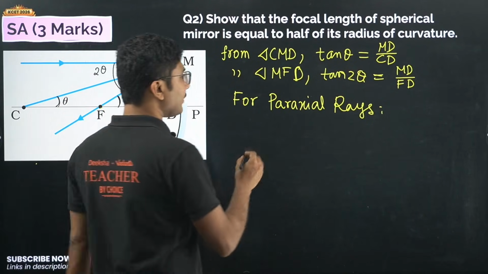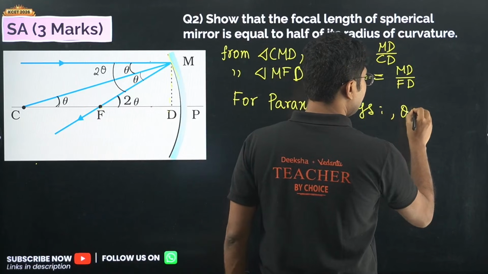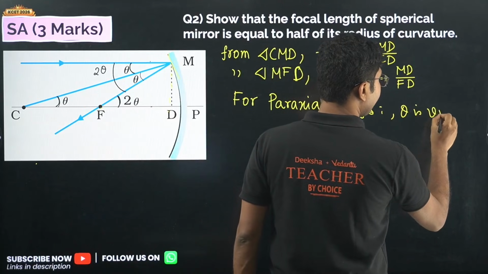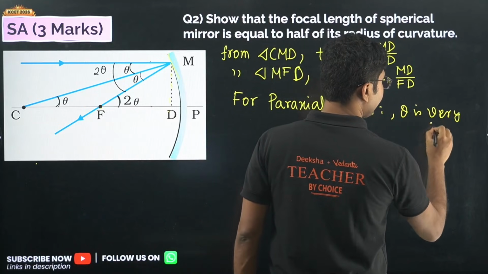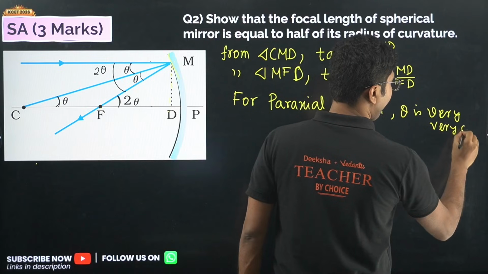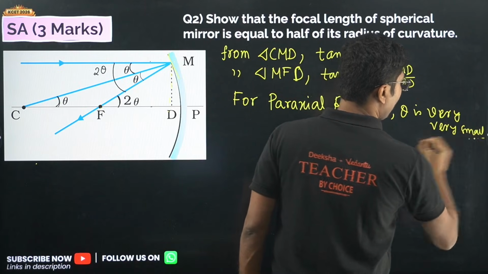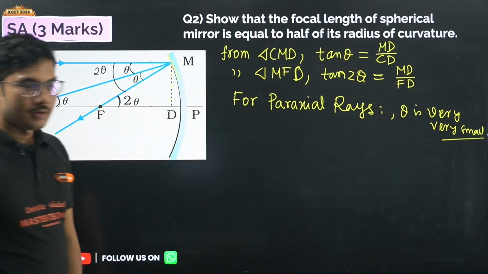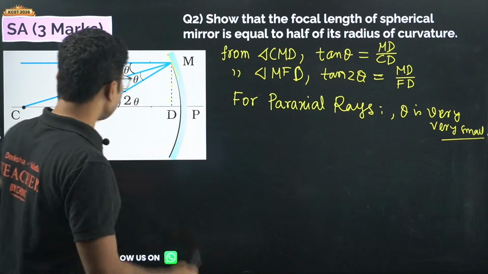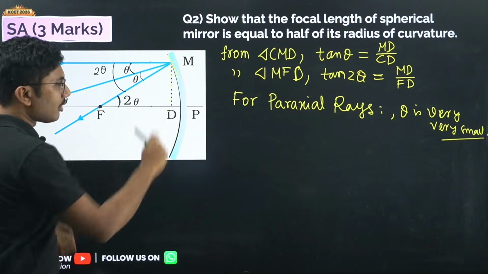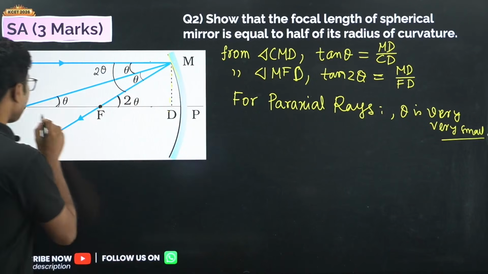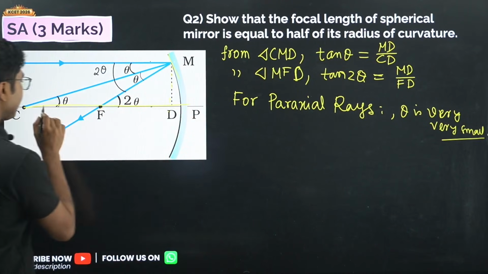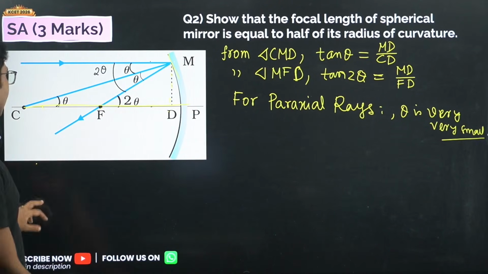That theta is very, very small. Okay, so theta is very, very small for a paraxial ray. If this point is very close, then the angle will also be very, very small, right? If you imagine a line which is very close, this angle theta will be very small, right?